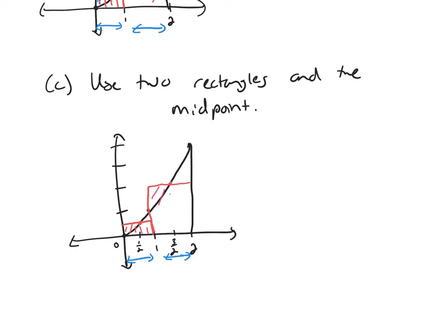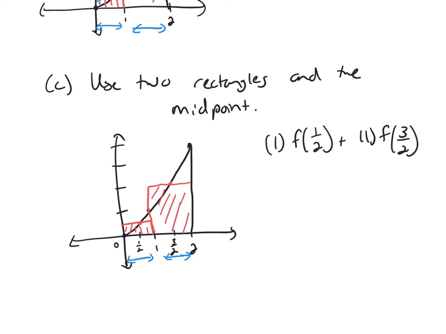So I'm going to add up these two. So here the width is 1 and the height, I plug in 1/2 into my function. The width is 1 and then I plug in 3/2 into my function.